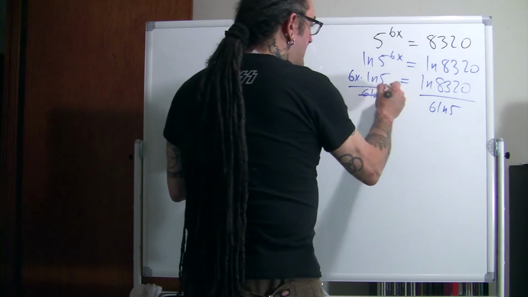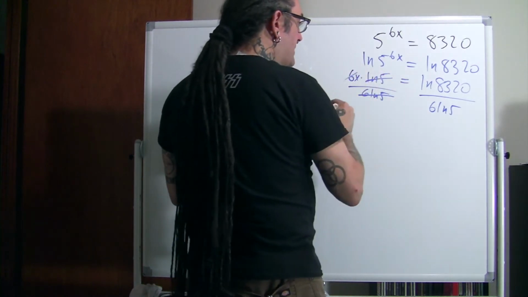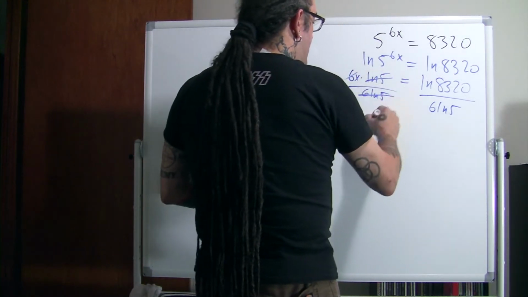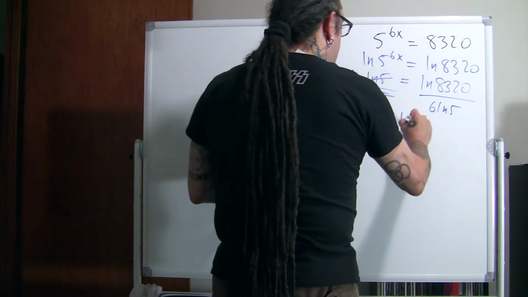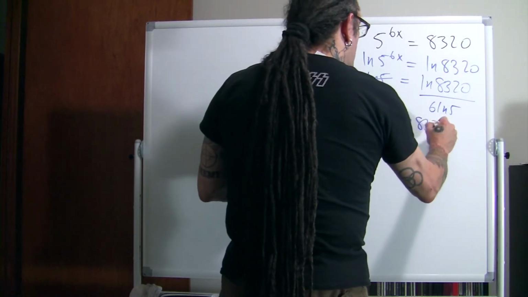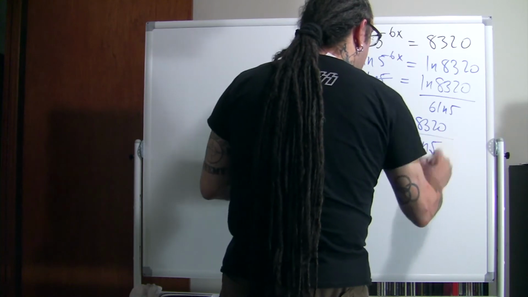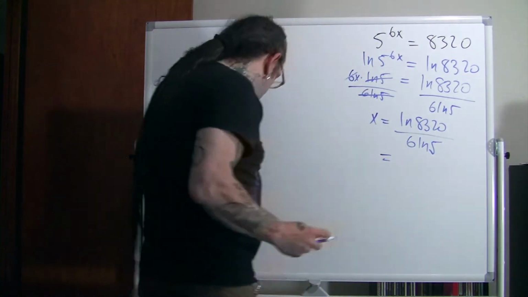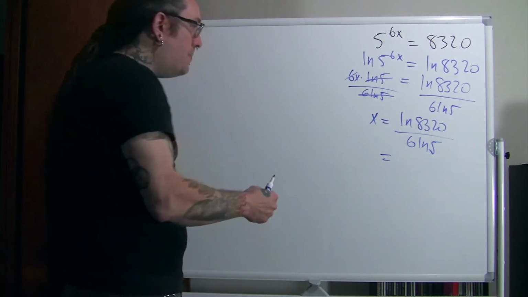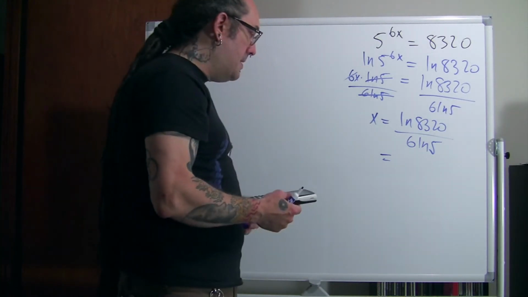The 6 and the ln 5s cancel, and I get that x equals ln 8320 over 6 ln 5. Now I'm just going to take my calculator and find out what that is.